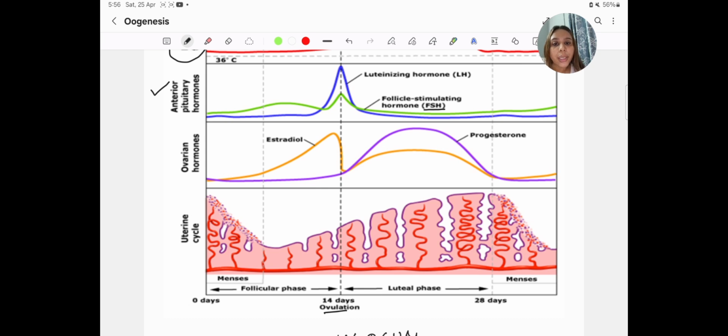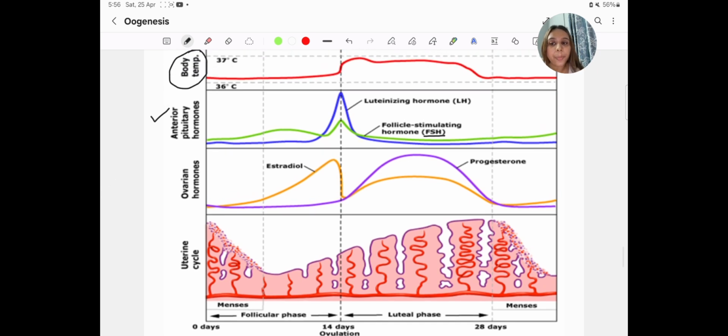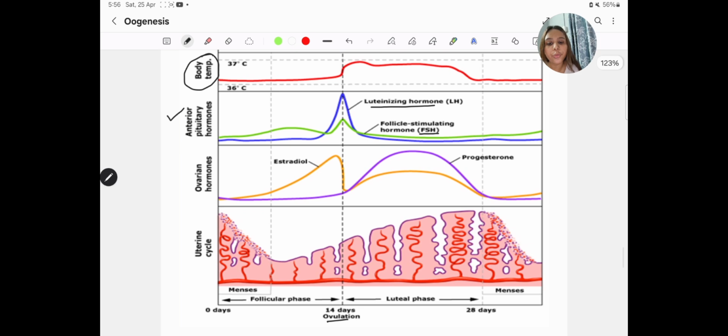So you will see that FSH surge on the 13th day, before the onset of ovulation. Next happens the luteinizing hormone, that is the LH surge, that will happen on the 14th day. So this is the 14th day and you will have the LH surge.